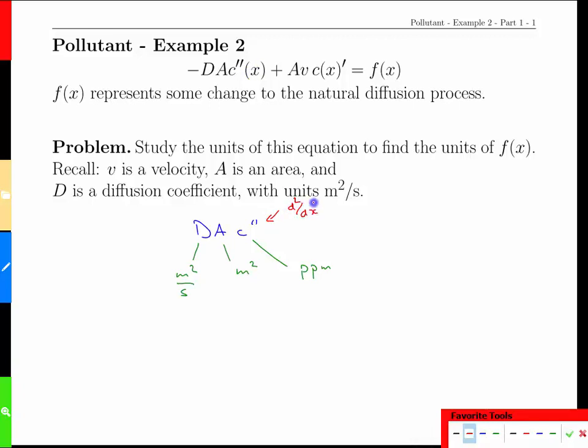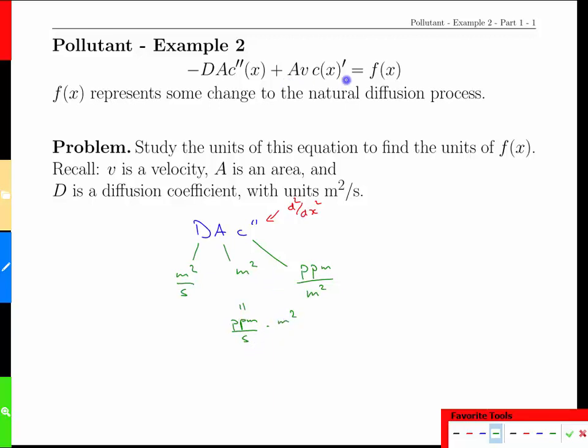So when we talk about the second derivative, we're talking about two derivatives with respect to x. And what that means is that the units are dividing by what the derivative units are. So x here would be in meters, a distance. So we'll actually divide by meters squared twice. And all of that together is going to give us parts per million per second times some unit of area.